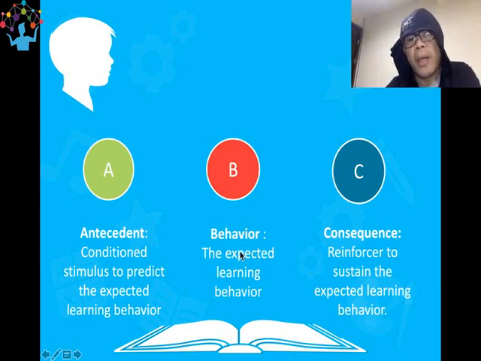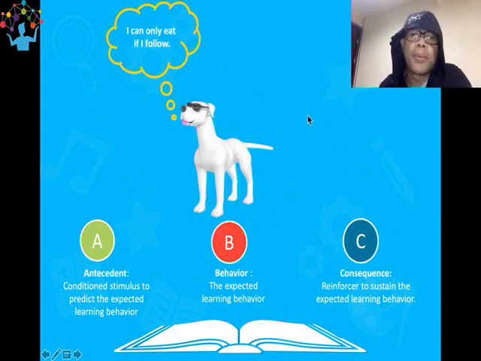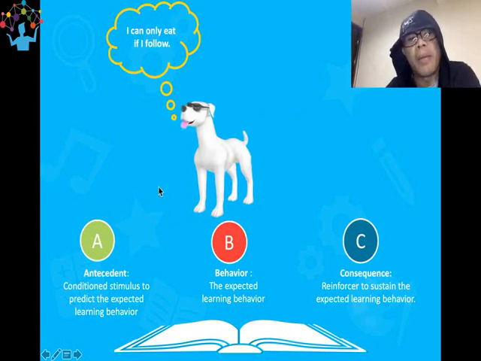So our expected learning behavior is basically influenced by the stimulus happening in the antecedent and the stimulus happening in the consequence. Both antecedent and consequence influence this behavior. For your information, behaviorists make use of animals to experiment on behavior.